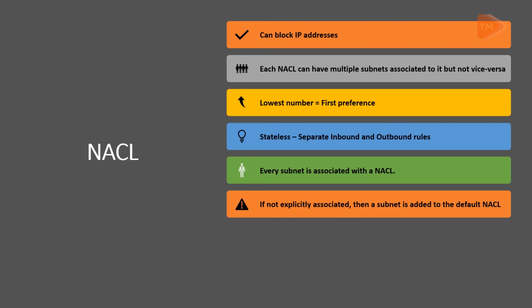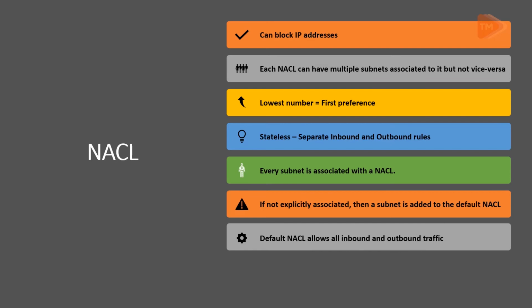You can take that subnet and tell it to associate with another NACL, but if you have not explicitly done that, it will be automatically associated with the default NACL. That is how the association works for the NACL and subnet.